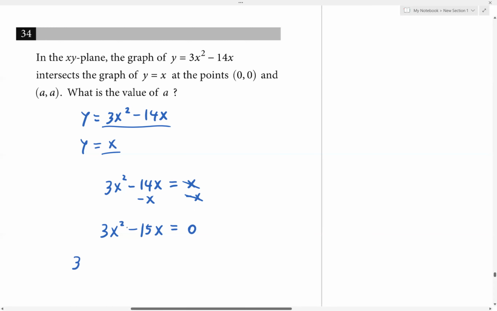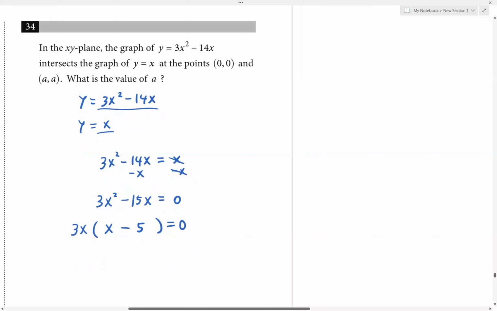And then x squared and x have at least an x as a common factor, so you can pull out an x. So this will just be a binomial, right? So pull out 3x, and then what do we have left? 3x squared divided by the 3x, we should just have an x left. And then minus 15x divided by the 3x, we get minus 5 left. That's equal to 0.